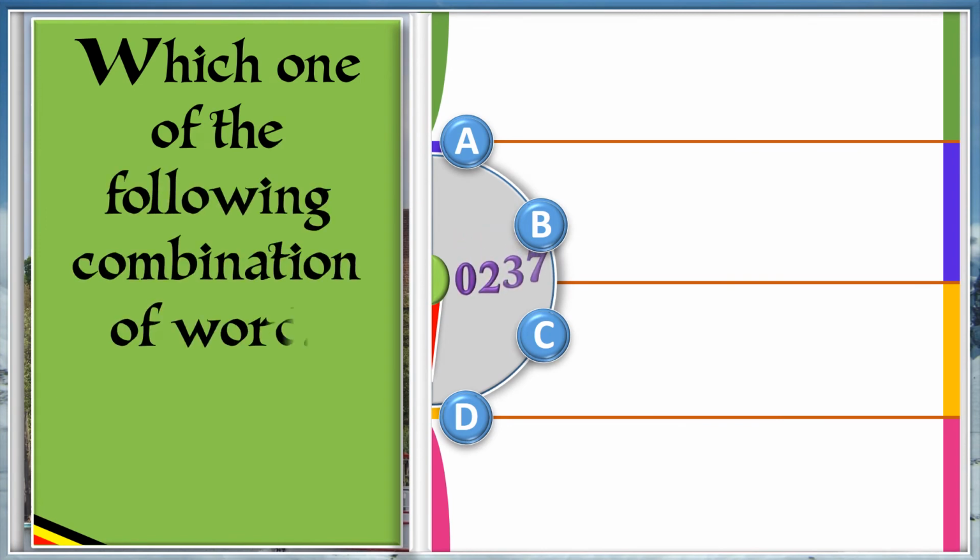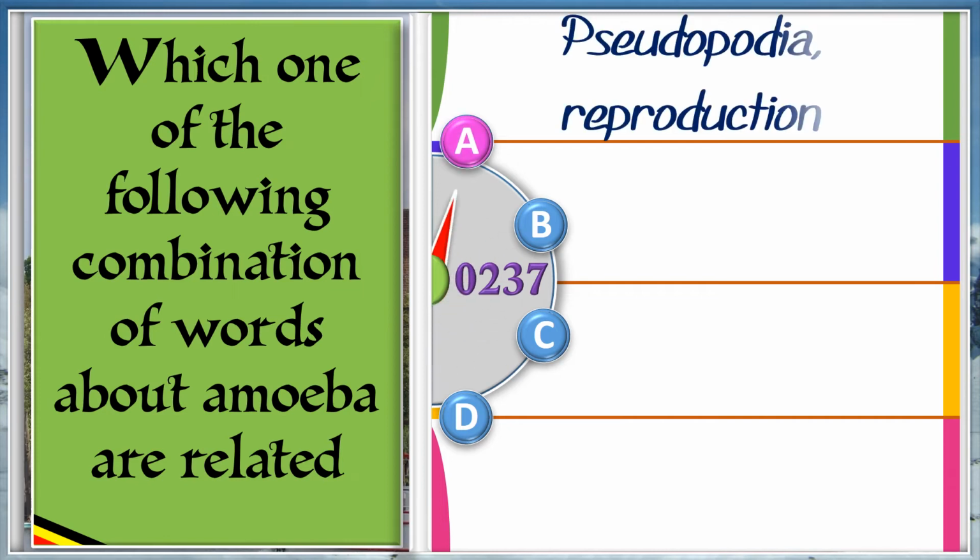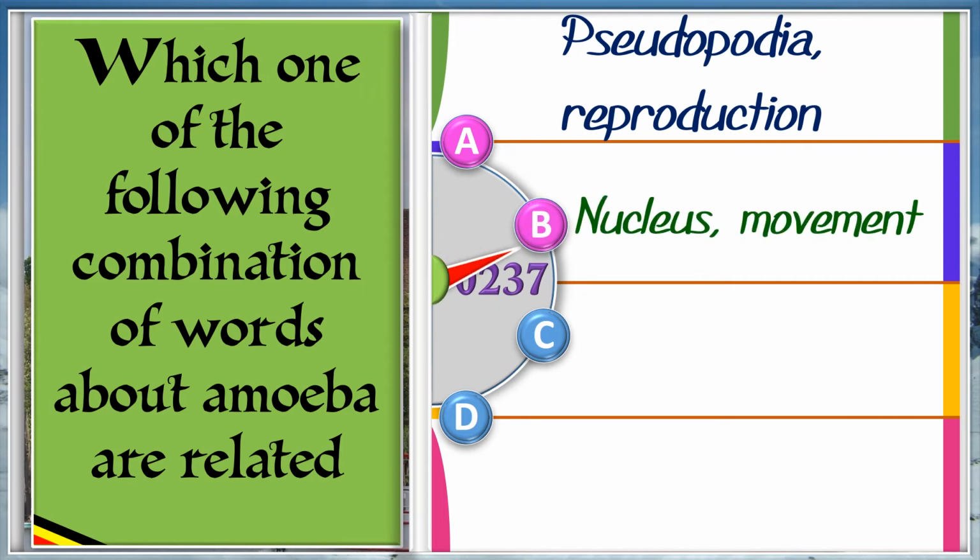Which one of the following combinations of words about amoeba are related? A. Pseudopodia and reproduction. B. Nucleus and movement.